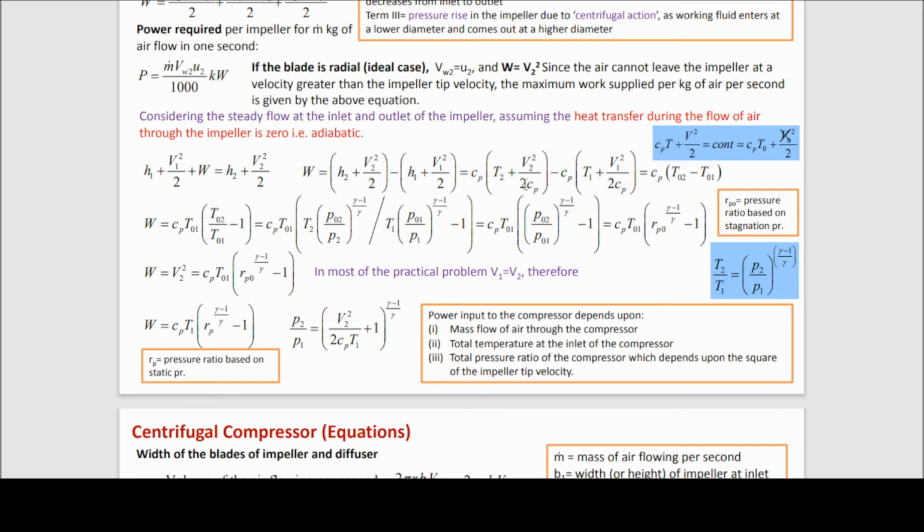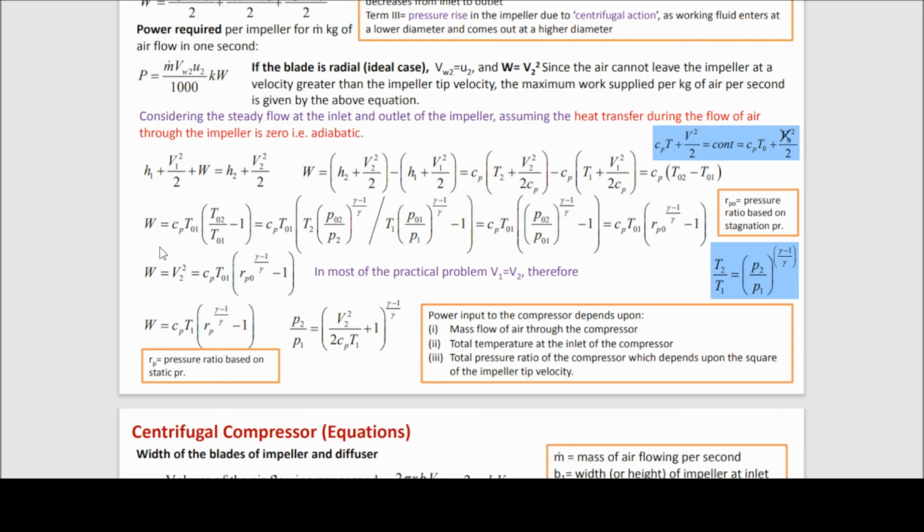Remember that it is not just V2 square by 2 but Cp is also there, because Cp T is H actually. Now this term becomes the stagnation temperature. So this is Cp into T02 minus T01.